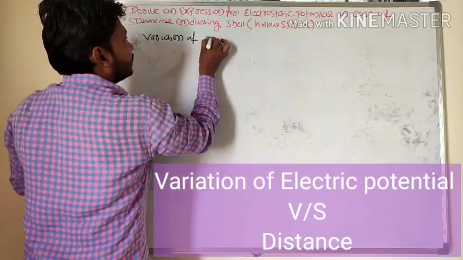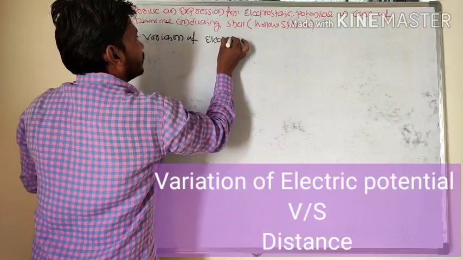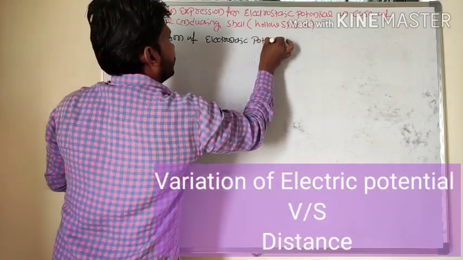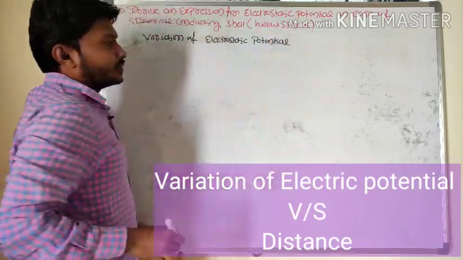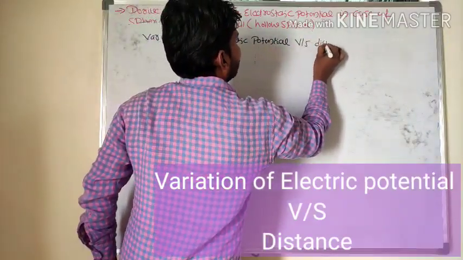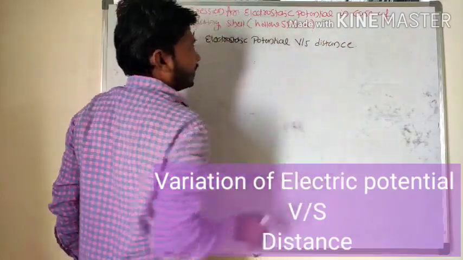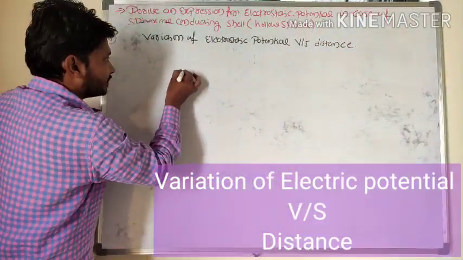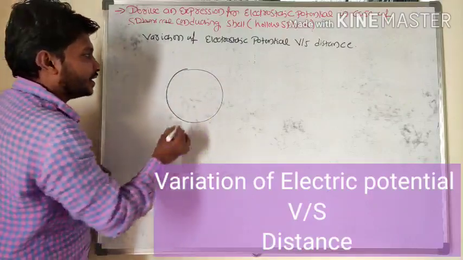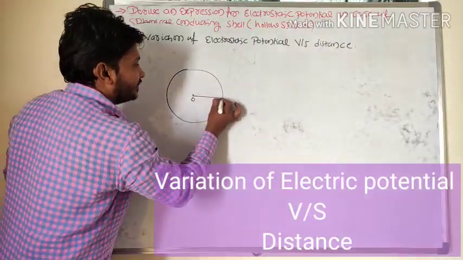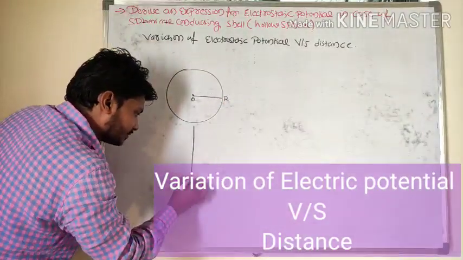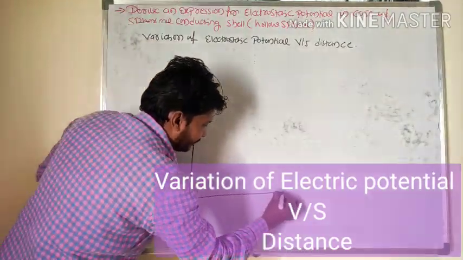Variation of electrostatic potential versus distance here. For that purpose, again I will consider one hollow sphere, this is the center and this will be the radius. So look here, this is the nature of the graph.